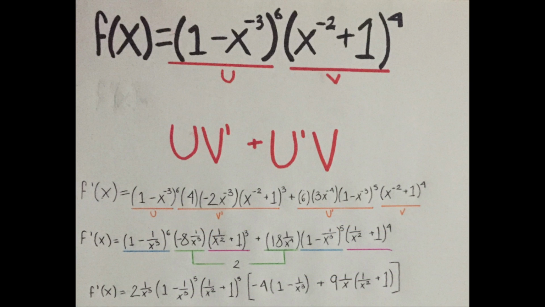The last step is going to be to factorize our equation, and in the first part we always have to use the smallest ones. So the first number that we use is going to be the common number between 8 and 18, in this case 2, and we put 1 over x to the 3 because it's the smallest one.